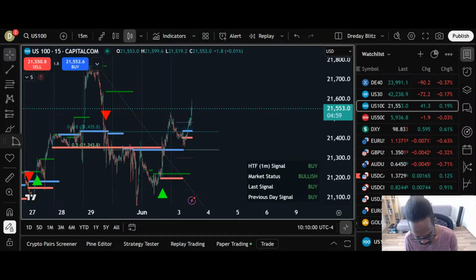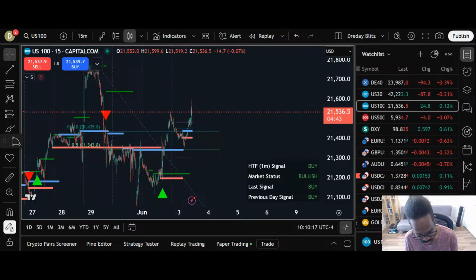So the account went back down, but it's pretty normal because I'm just letting it run just to make sure that positions are taken and the logic of it. Right now, let's see here.